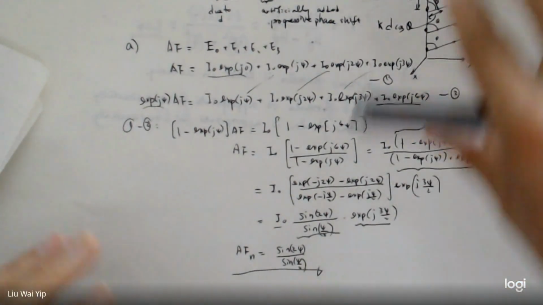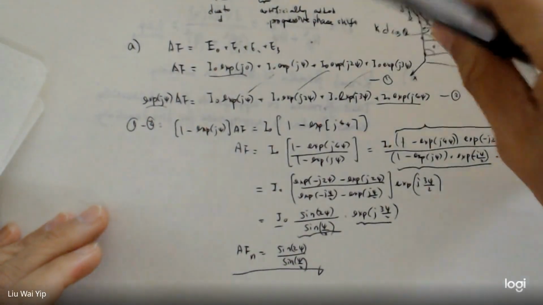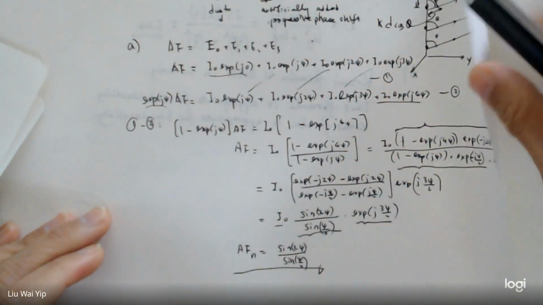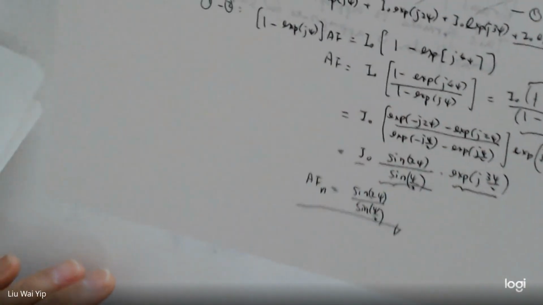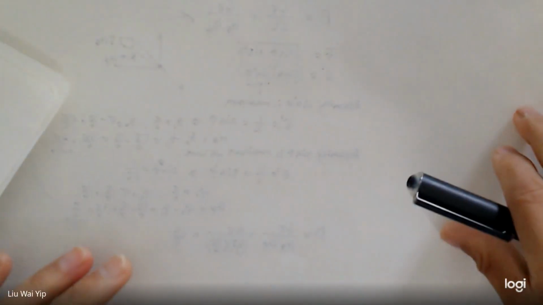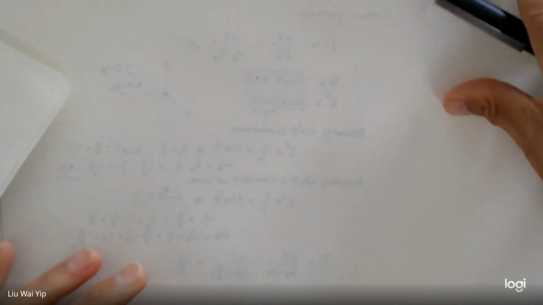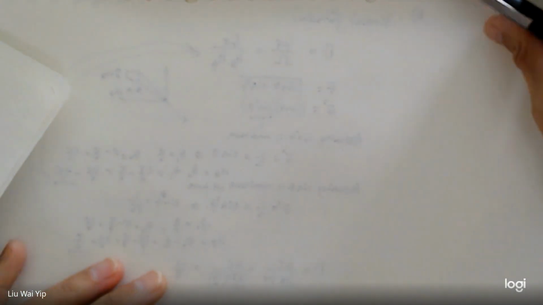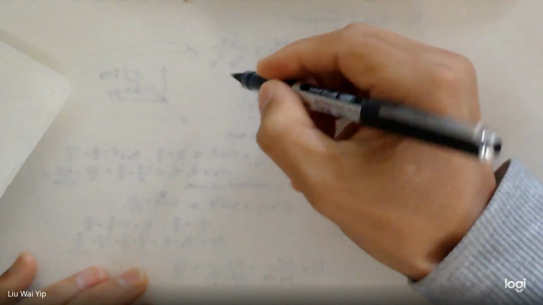Okay. Now the second part of the question is to find out the condition where you will end up with an end-fire beam. End-fire means the beam is pointing in the forward direction.